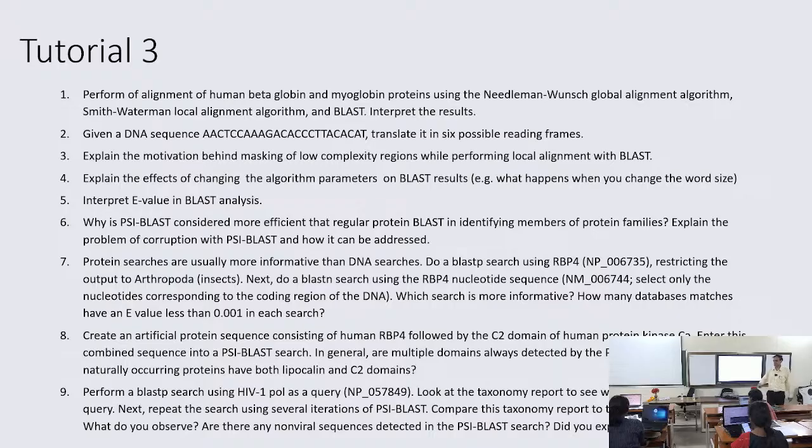Oh, yeah, then you can use that. Yeah, it is there. Okay, good. So the accession number is given, so you can just type the accession number. And remember, you have to restrict to Arthropoda. So organism is Arthropoda.